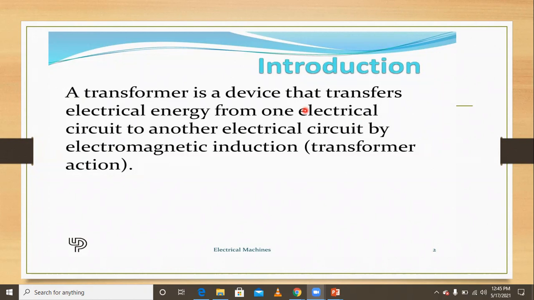Try to consider the transformer just like a mediator between a load and a source. In your domestic applications, your house is connected from the transformer only. The transformer's secondary terminals give distribution at 230 volts.